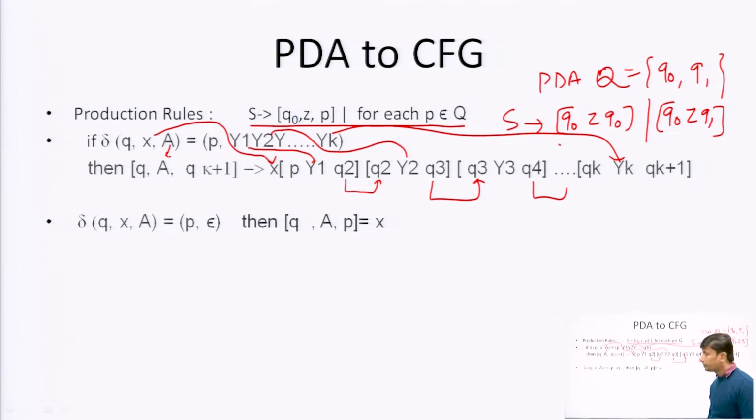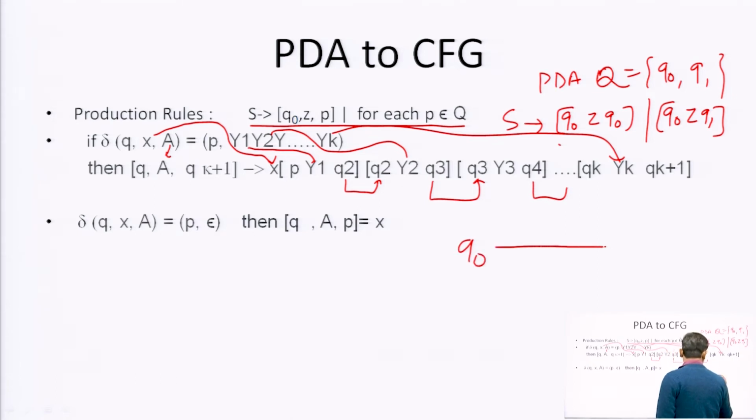Suppose one example here: this is Q0, taking input A with stack top B to Q1, and this is epsilon.